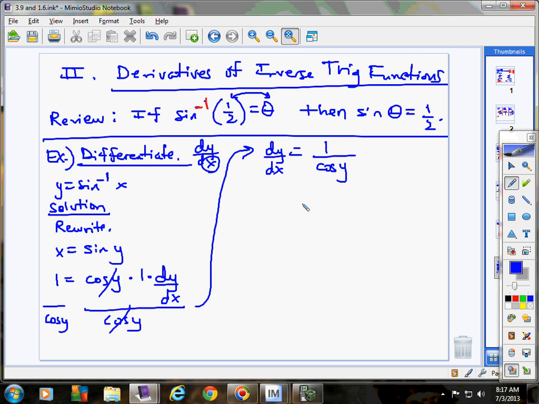Now we need the value of the cosine of y. To get it, we're going to draw a little right triangle. If we go back to right here, x equals the sine of y, after we got rid of our inverse.